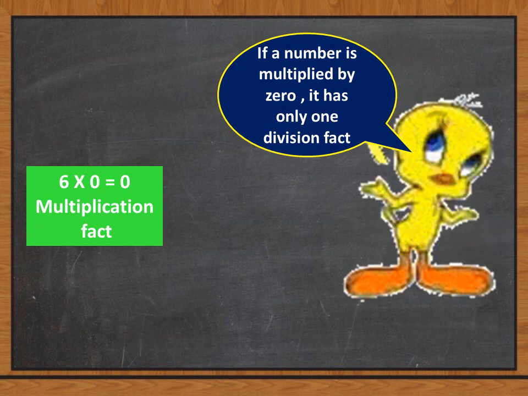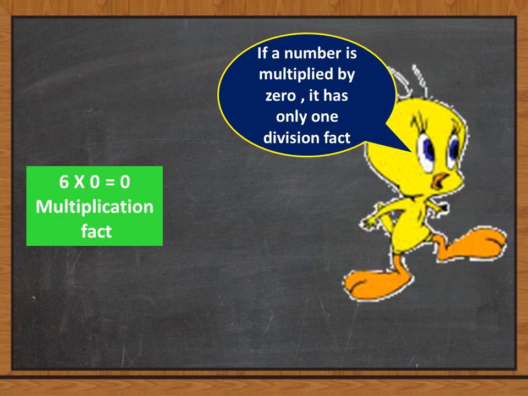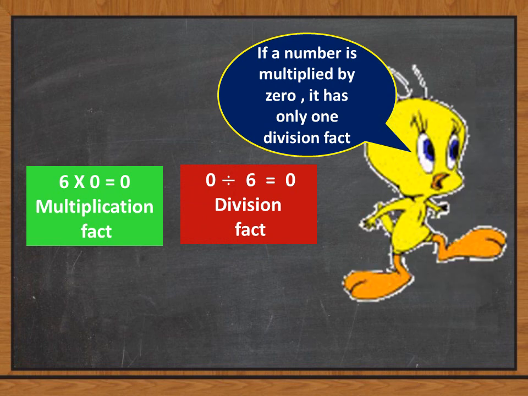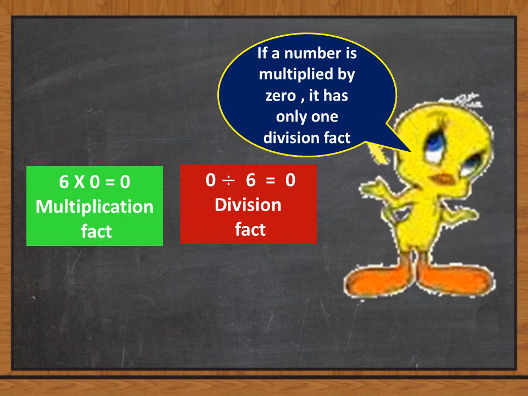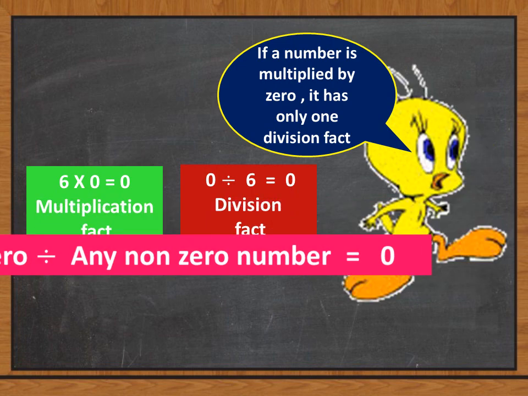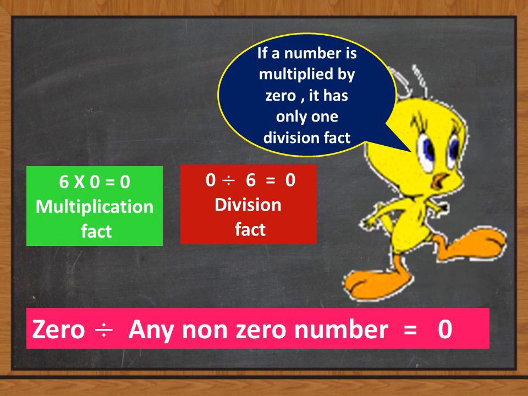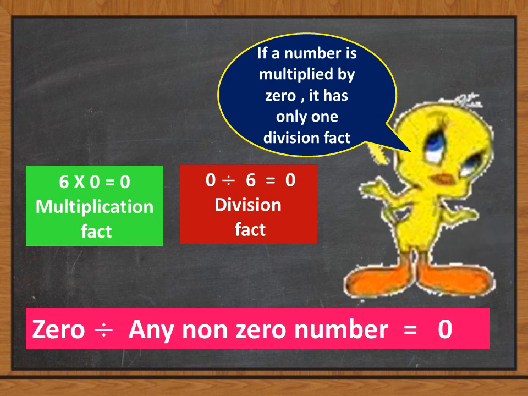It is multiplication fact. For this, division fact is 0 divided by 6 is equal to 0. That means 0 divided by any non-zero number, we will get 0 only.